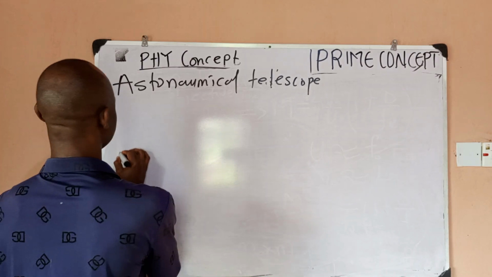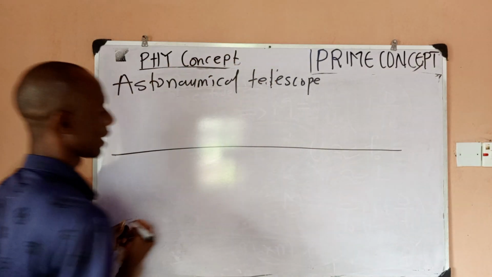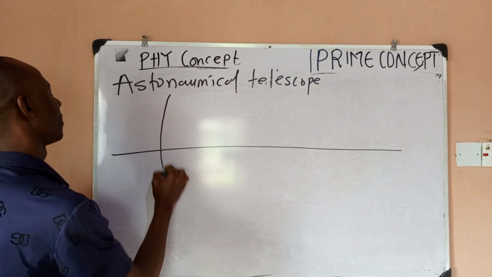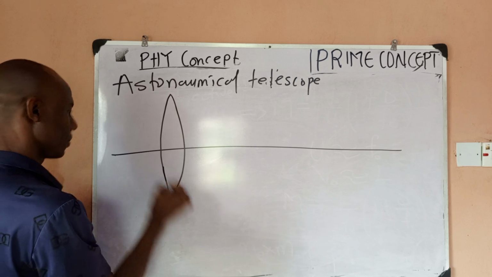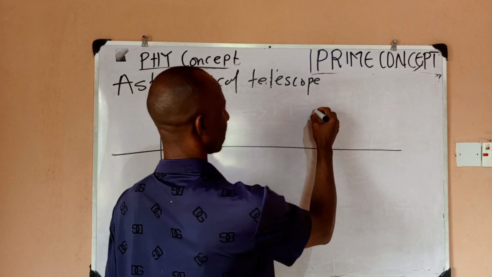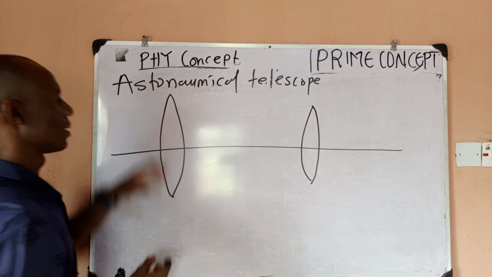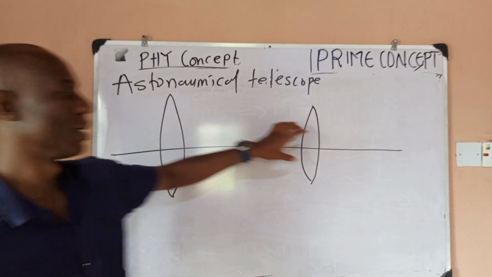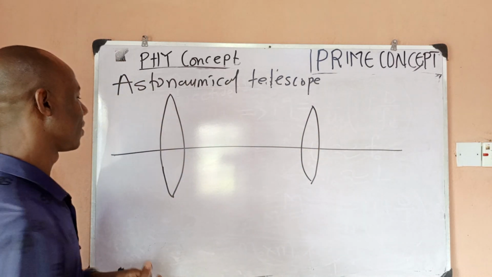Say this is our principal axis. This is our objective lens, a convex lens, and then this is our eyepiece lens. You should know that the focal length of the objective lens is larger than the focal length of the eyepiece for an astronomical telescope.